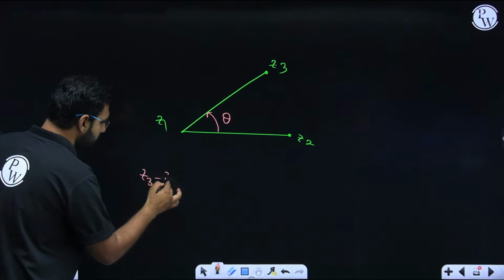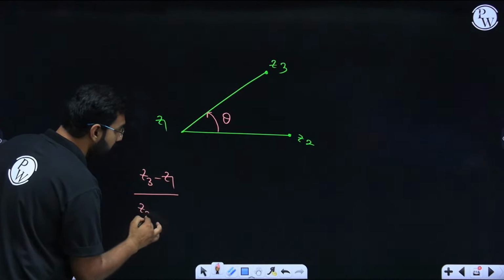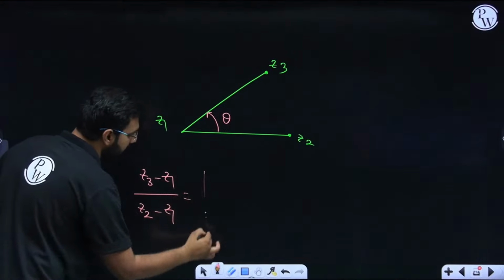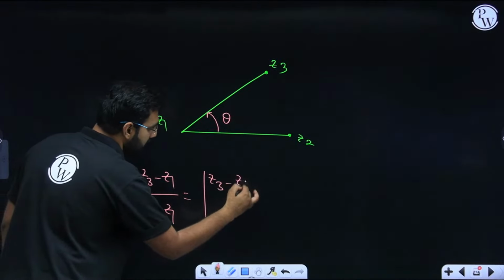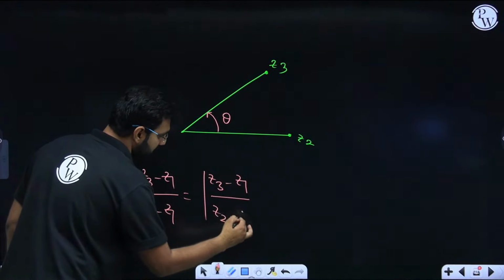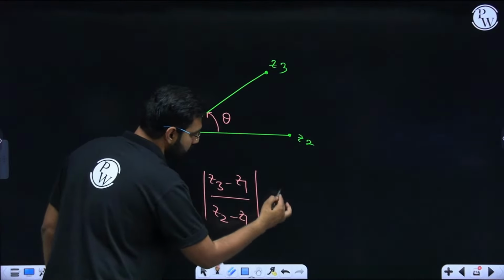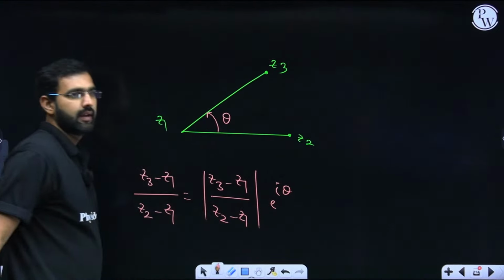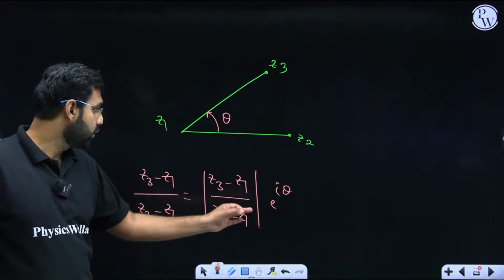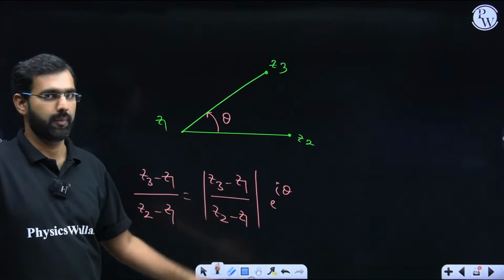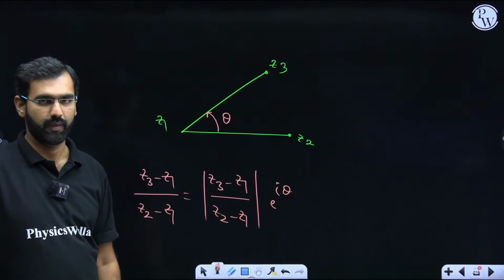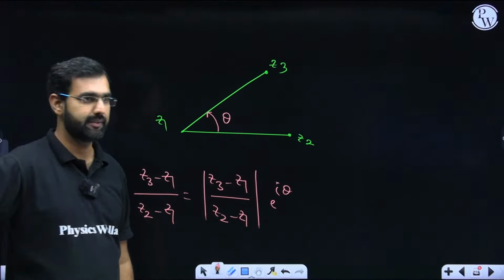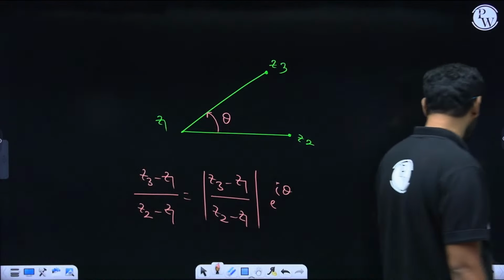Please remember, Z3 minus Z1 upon Z2 minus Z1 is given by mod of Z3 minus Z1 upon Z2 minus Z1 times e to the power iota theta. This is how you use the rotation formula, the Conic method. Will you remember that, all the participants? Can I move ahead from here? Everybody with me on this?